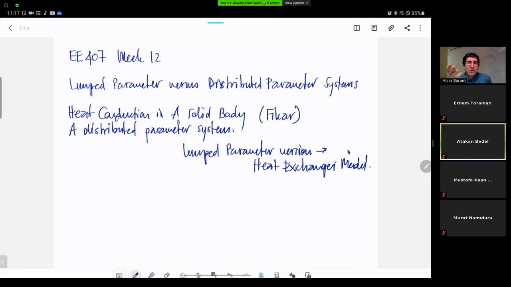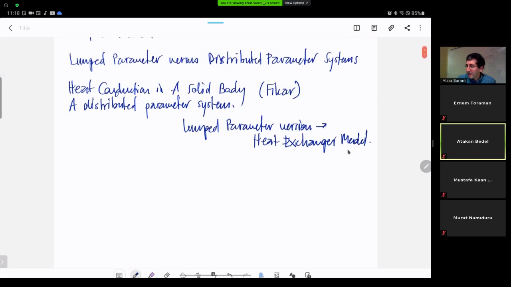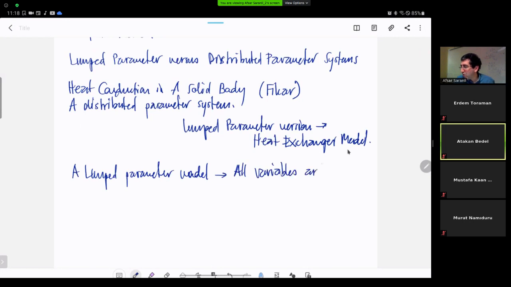Okay? So what's the difference of a distributed parameter system? In a distributed parameter system, the variables are not only a function of time. Okay, so let's say a lumped parameter model, what we have is all variables are only a function of time.